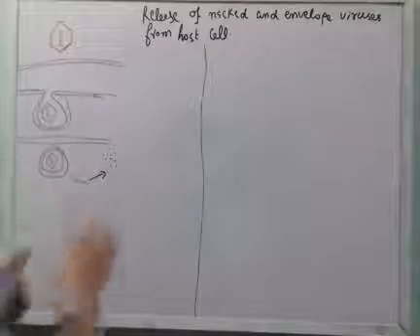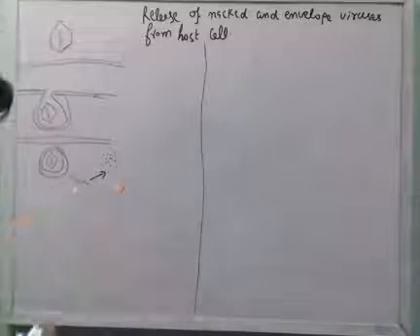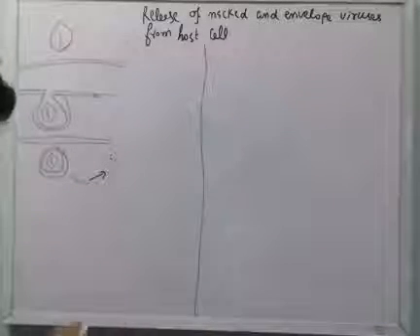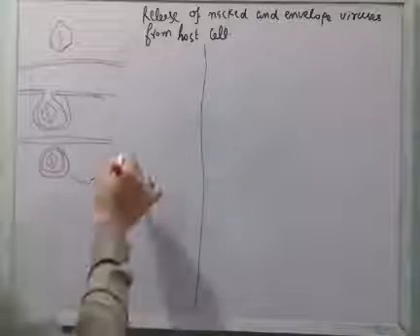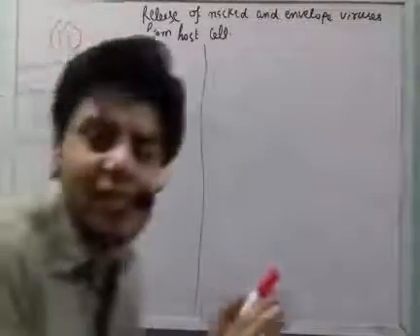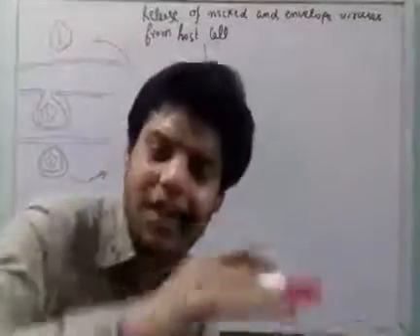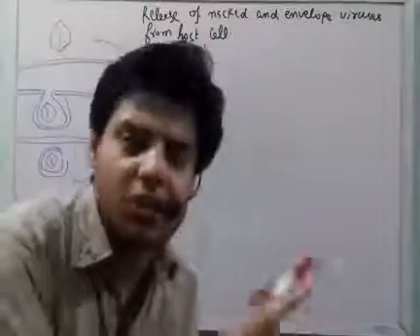By the combination of this genetic material and this structural protein, we get again a progeny virus. This is a simple pathogenesis: attachment, engulfment, release and replication, all of this.